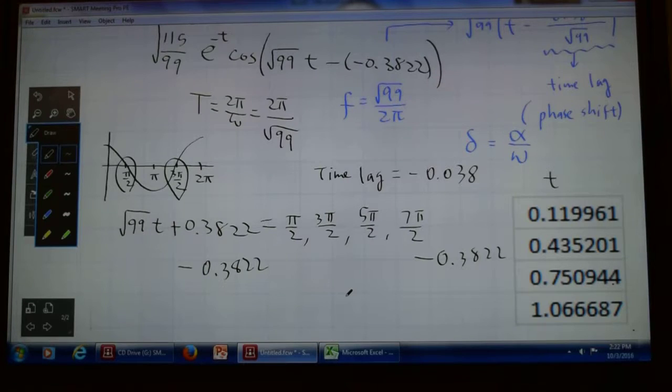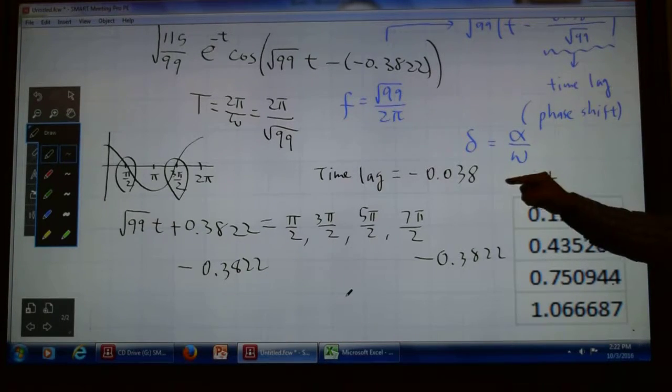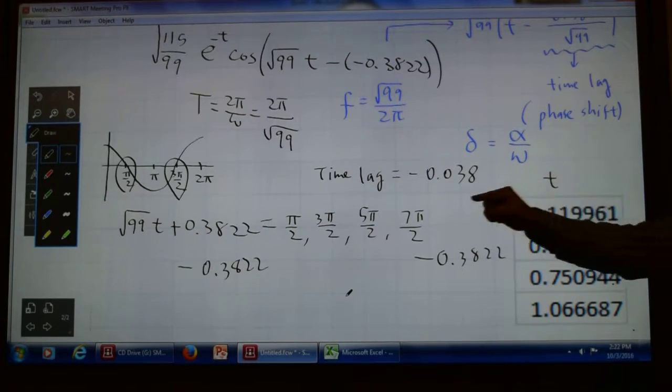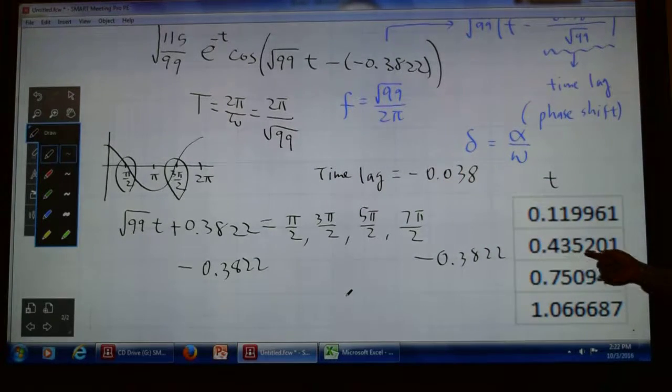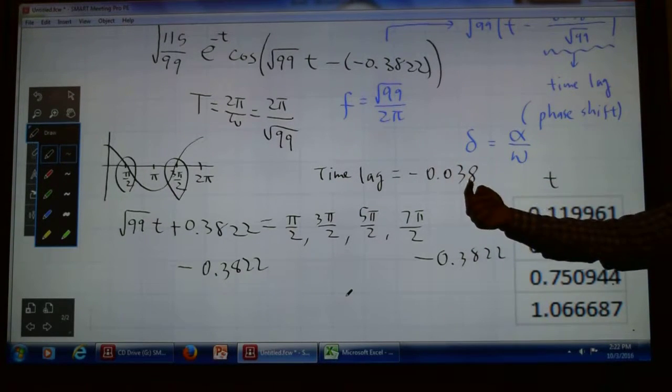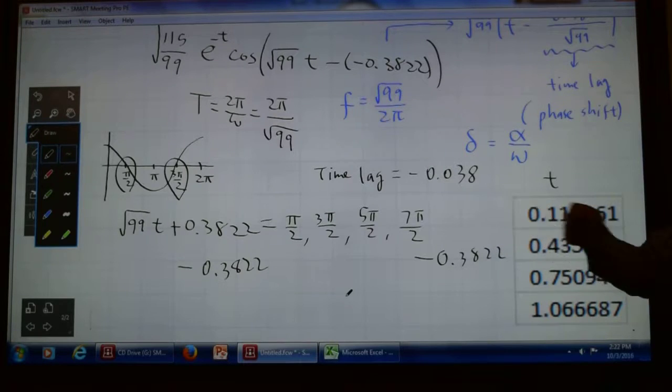So I think initially you pulled it, right? And then you released it, and it went that way. So initially it's going to pass through the equilibrium this way at 0.12 seconds after release. It's going to go there and come back, and at 0.444 seconds it's going to pass through the equilibrium, and then like that. So those are four times where it hits there. Okay?